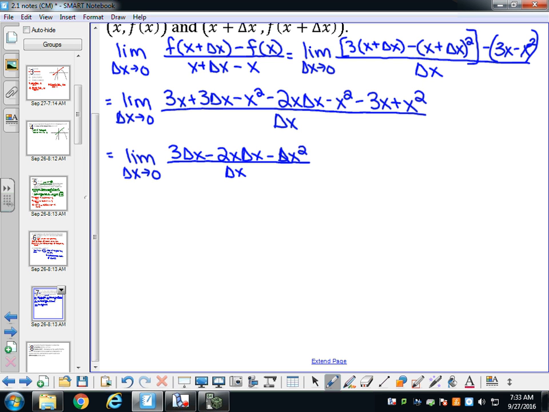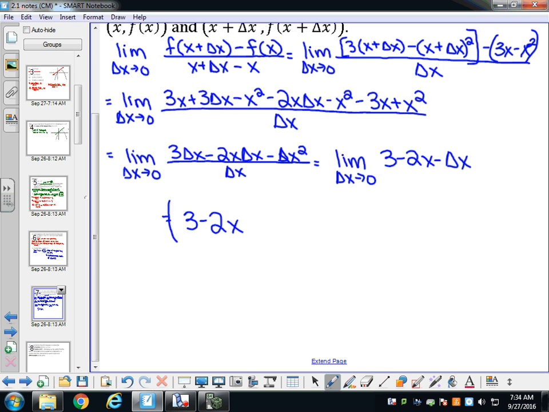Now I can actually divide through by a delta x. So I get the limit as delta x goes to 0 of 3 minus 2x minus delta x. Now I can actually use direct substitution, and I do that, so then I end up getting 3 minus 2x.